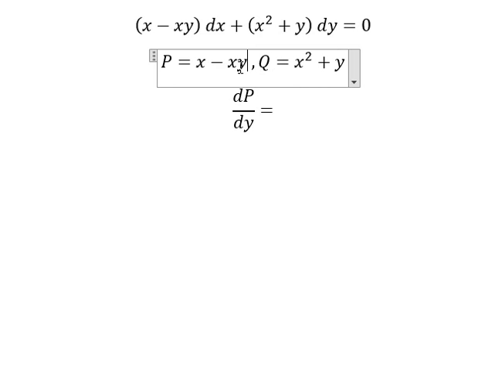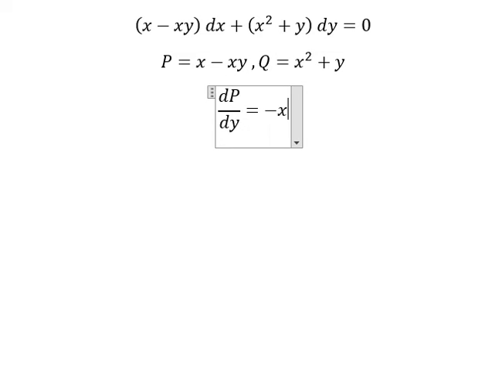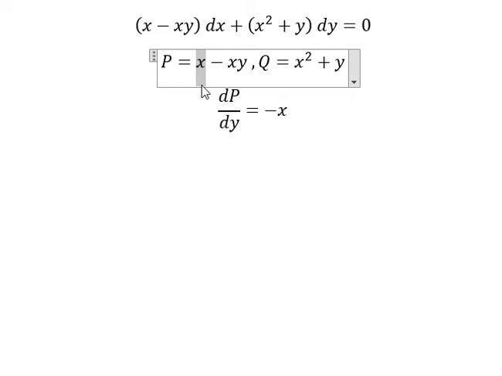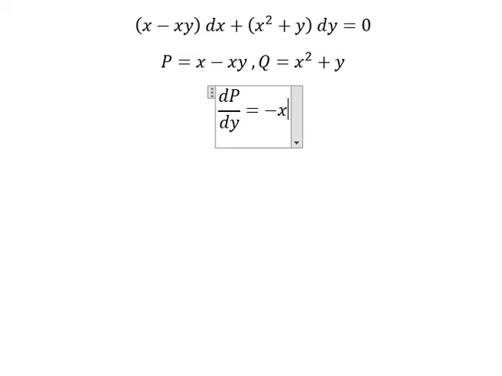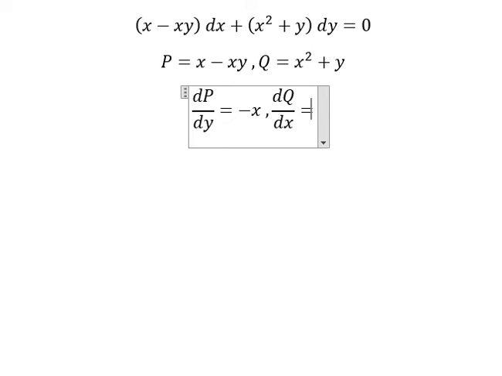So we have y in here. That means first the derivative of y, we have number 1. So we have negative x. This one we don't have y, so we got 0.